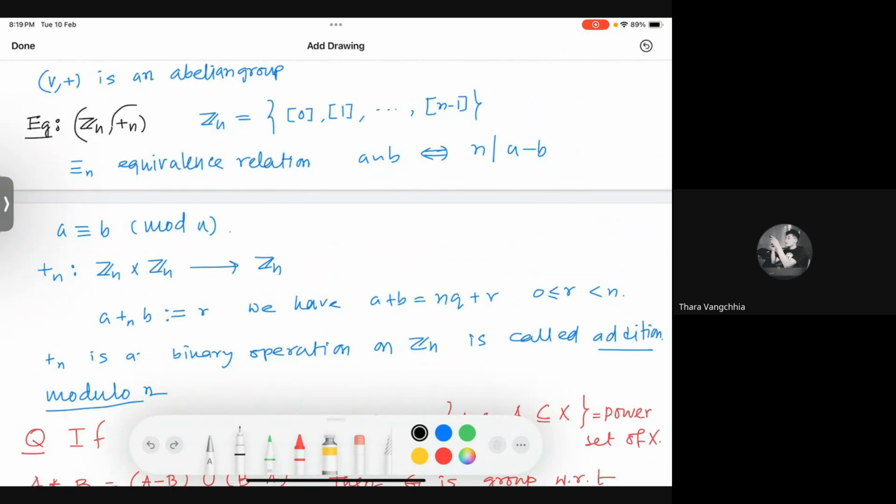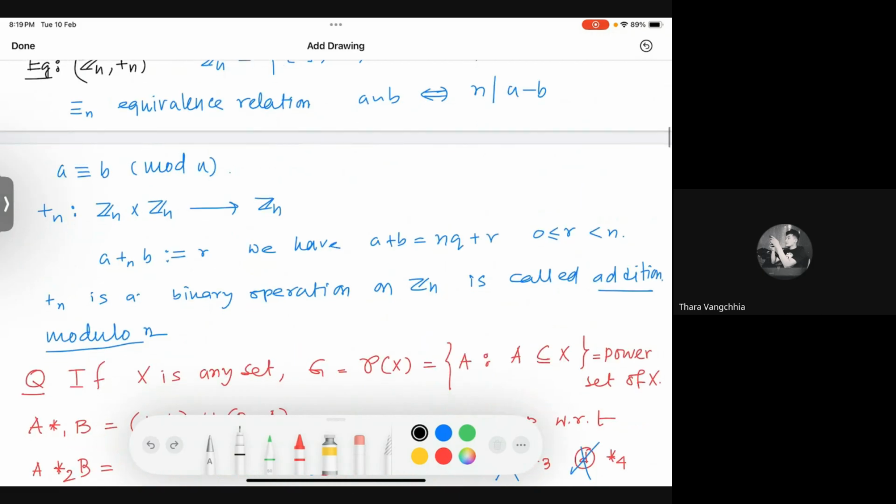Z_n with respect to the operation addition modulo n. What is the meaning of addition modulo n? You already know: a is related to b if and only if n divides a minus b. Okay. So if I say a plus b, addition modulo n, it means if a plus b is equal to nq plus r, where r goes from 0 to n, then a plus b addition modulo n is r.